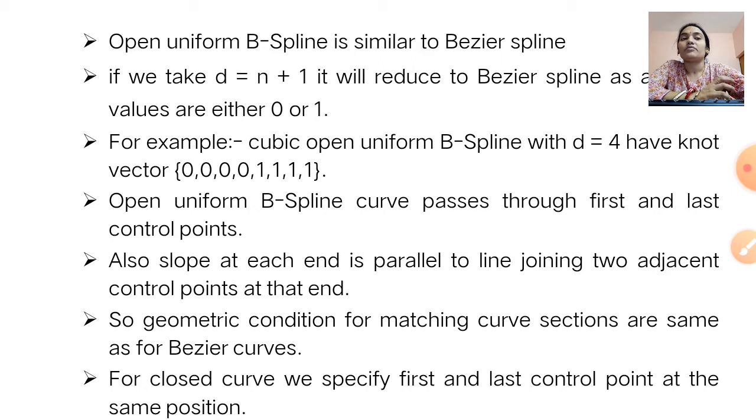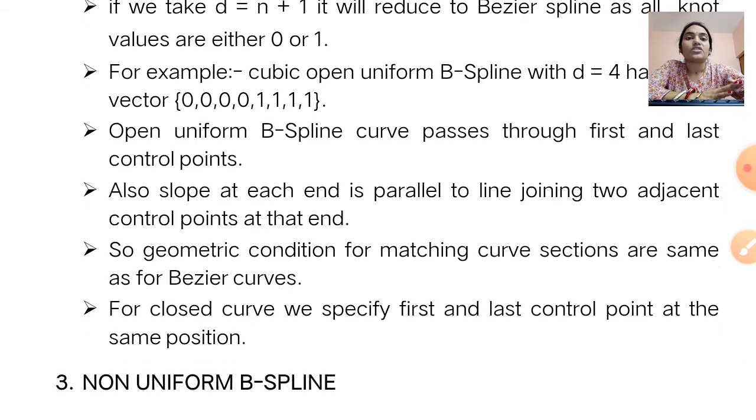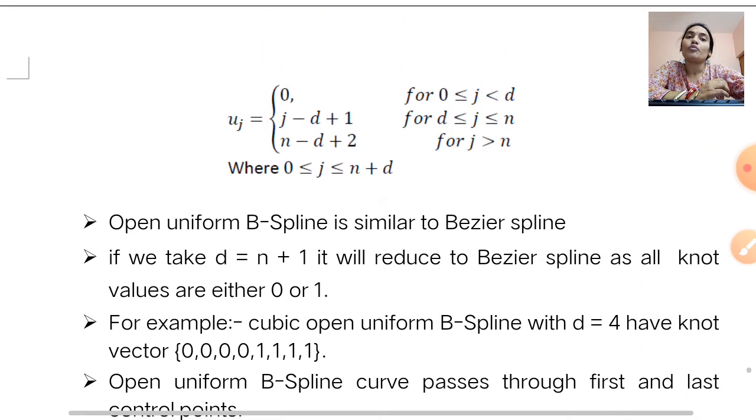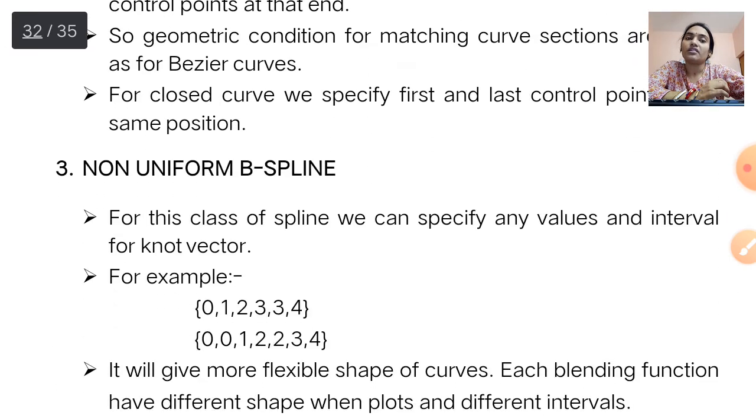So the geometric conditions for matching curve sections are the same as for Bezier curves. For a closed curve we specify the first and last control points at the same position. So this is your open uniform B-spline curve.